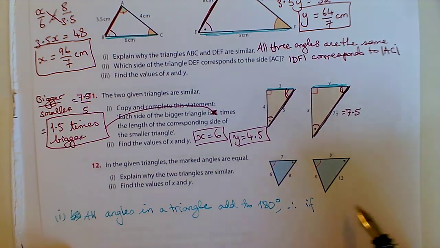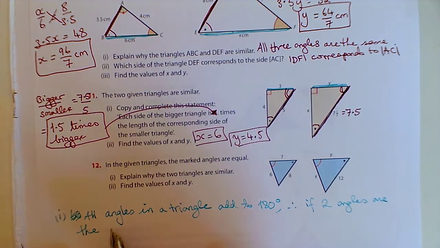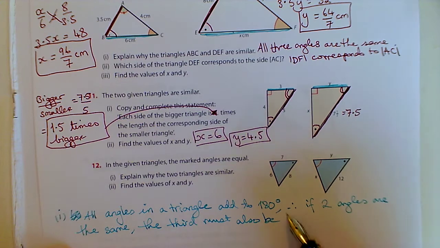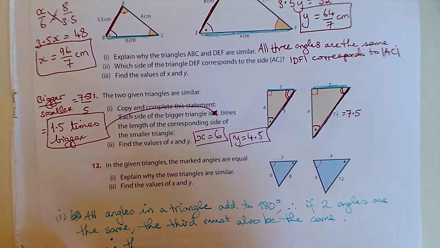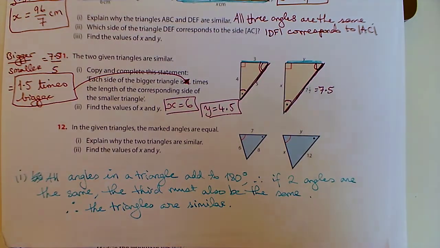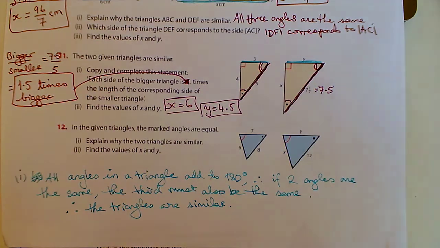Therefore, if two angles are the same, the third angle must be the same as well. And so if all three angles are equal, the triangles are similar. Okay, so it's worth learning off that phrase because if they want to ask you why two triangles are similar, they'll mark in two angles and they'll be looking for this answer.